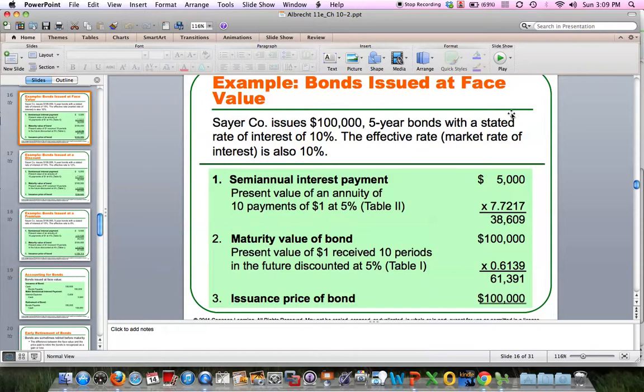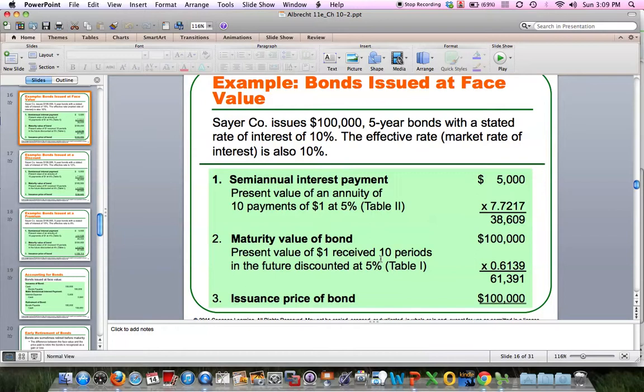And so the present value of that one lump sum, the $100,000, in 10 periods, because it's 2 times a year for 5 years, but notice that we're using 5%. If I use 10 periods, I have to use half the interest rate.